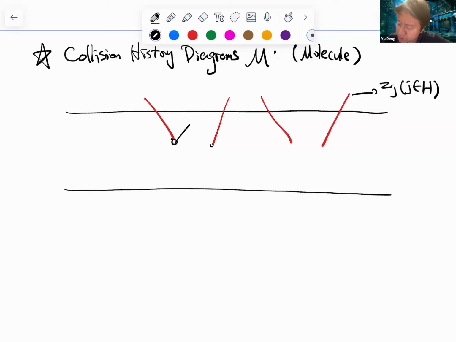connected by collisions. So let's say you have these things, and you have these things across the layers. And this one the same. So let's say you have this.